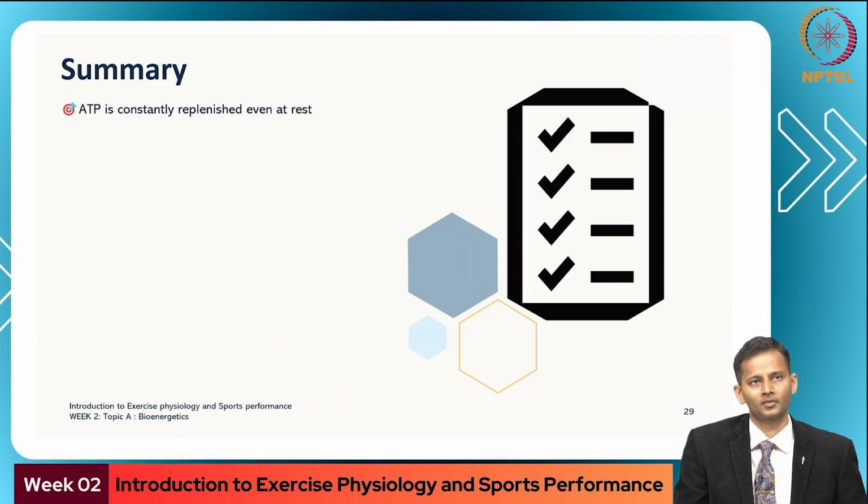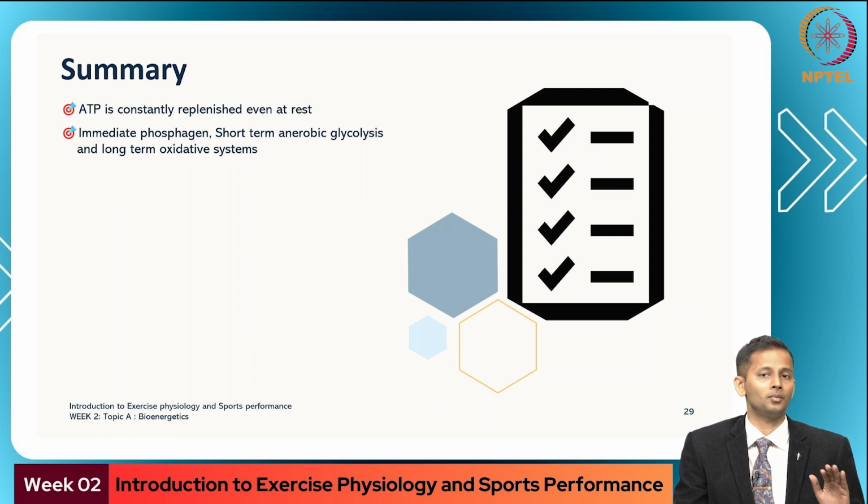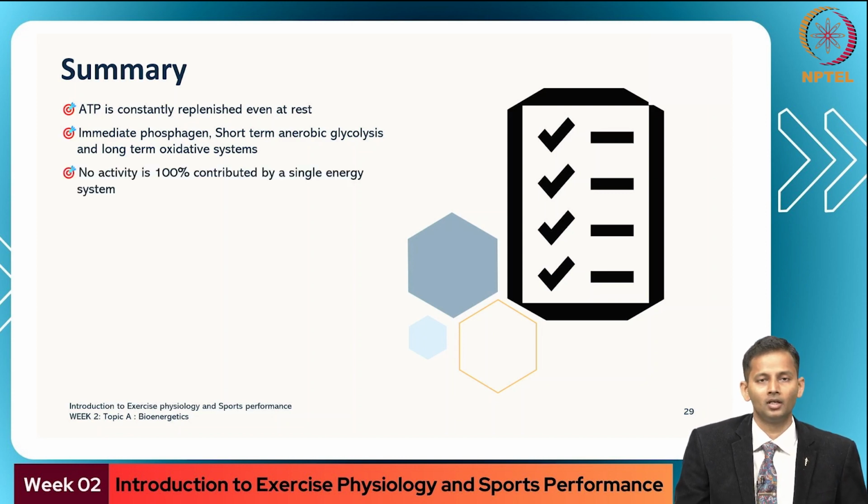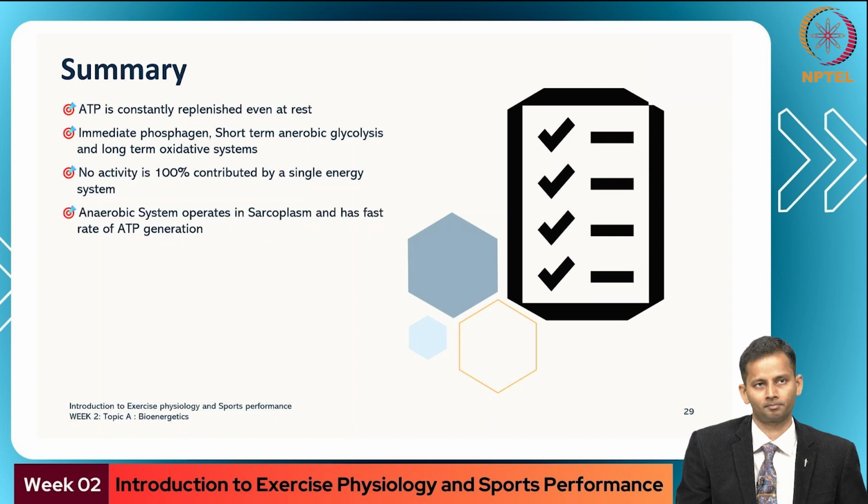To summarize, ATP is constantly replenished, even at rest, by contributions from various energy systems. Immediate is phosphagen, short term is anaerobic glycolysis or the lactic acid system, and long term is the oxidative system. No activity is 100% contributed by a single energy system. It's all a mix.